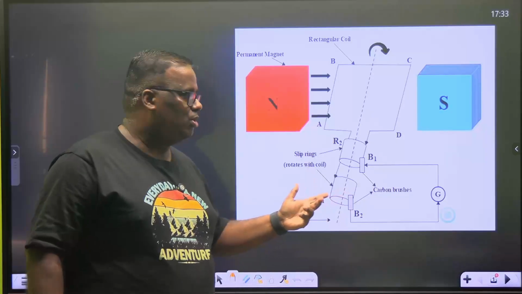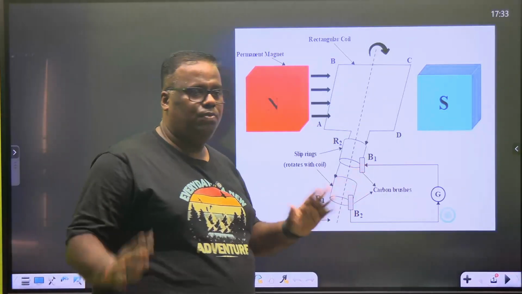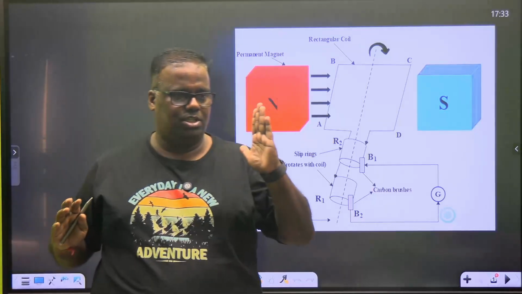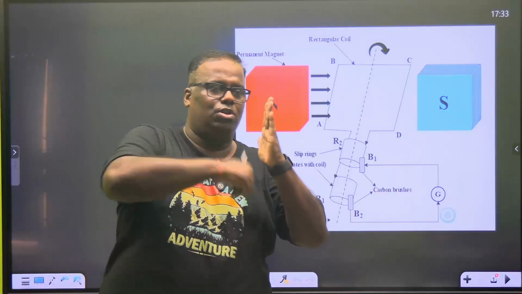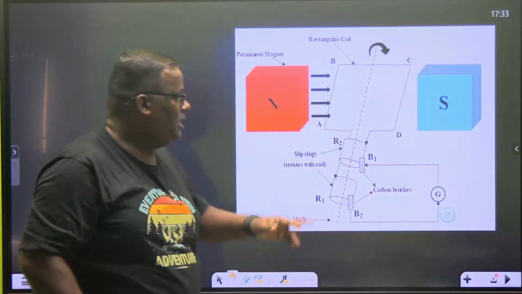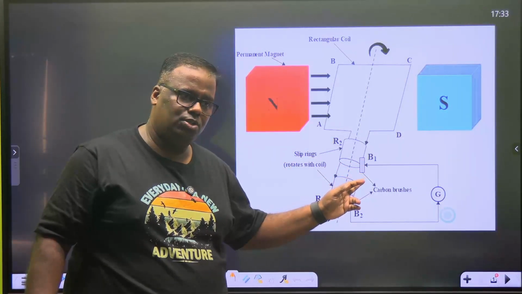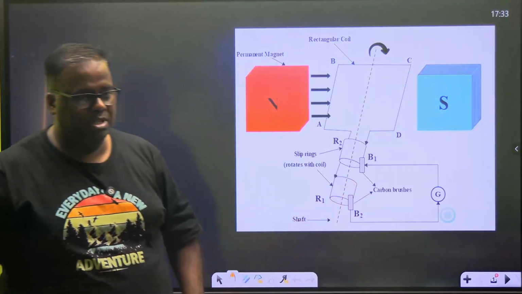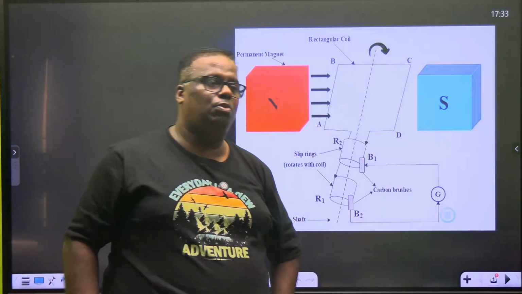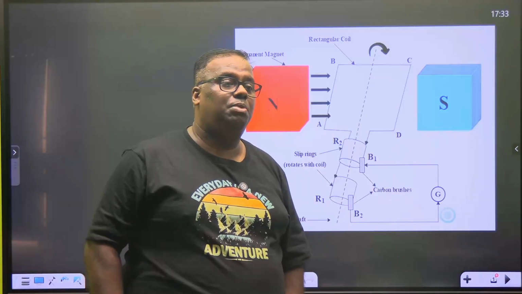Yes. So what sort of arrangement did we make? Wires come and connect with fixed carbon brushes, and the ring keeps on rotating and sliding on the brush. So if there is a current in the ring, it is passed on to the carbon brush. That's why when you go for your mixer grinder repairs, the common problem that comes up, though that is a motor, is they'll say the brush is gone.